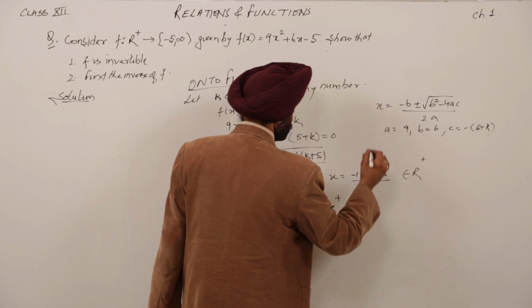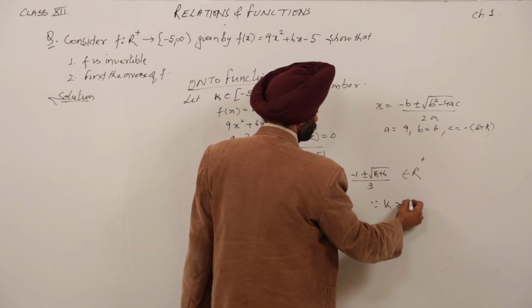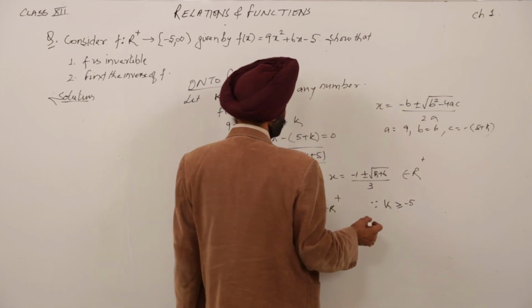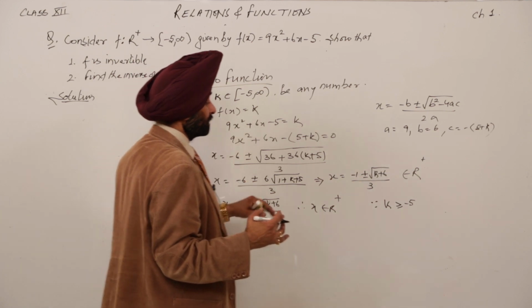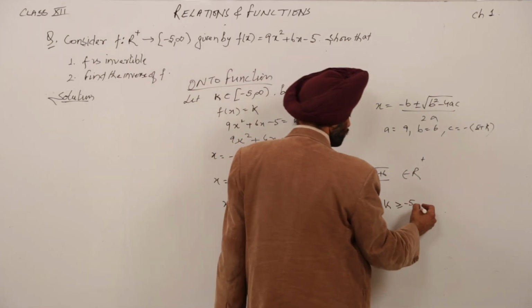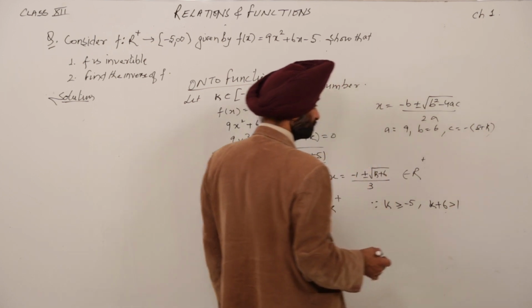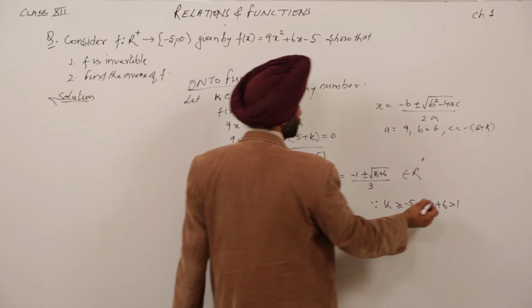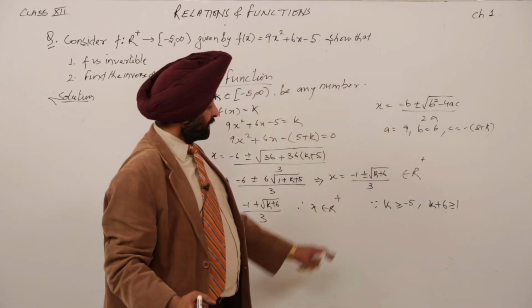Now here just look at what I am writing here, k is greater than or equal to minus 5. We are already having that k belongs to this set, so we have just taken k is greater than or equal to minus 5. Now can I write k plus 6 is greater than or equal to 1? This and this is one and the same thing.